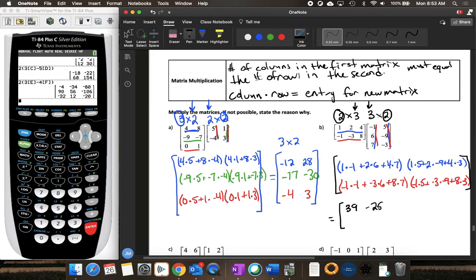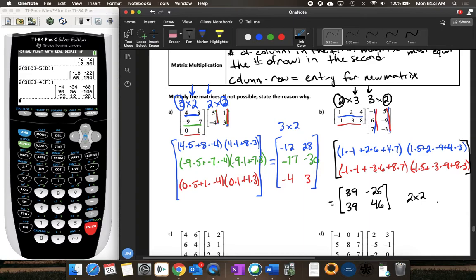For the second row, we'll have 1 minus 18 is negative 17 plus 56. So negative 17 plus 56 is also going to be 39. And then for our next entry, we'll have negative 5 plus 40 or plus 27 is 22 plus 24 is 46. And so notice that our final answer is in fact a 2 by 2 matrix, and there would be your final answer.